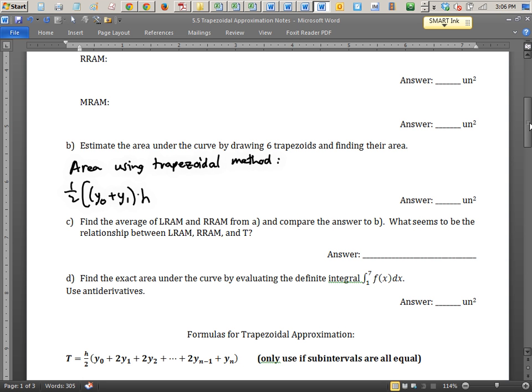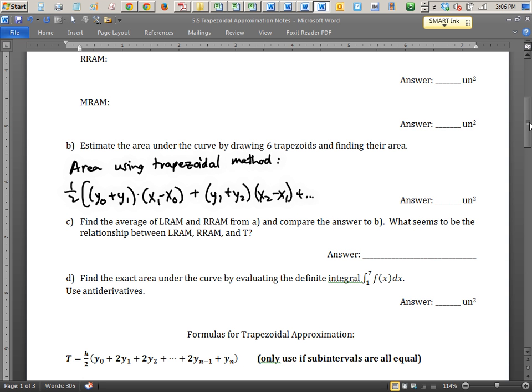The height is basically x1 minus x0. It actually looks like a width. Plus, next one's going to be y1 plus y2, times x2 minus x1. And this will just continue on until you reach the last trapezoid.